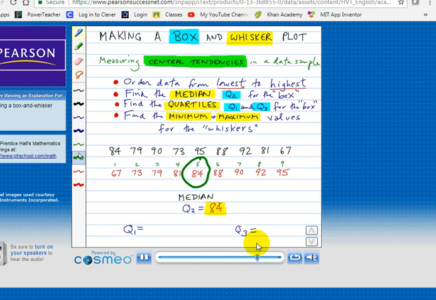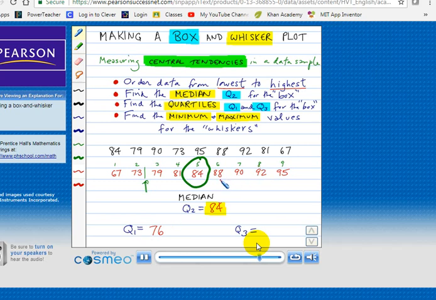So we notice that the median should happen in there, but notice that there is not a number in between 73 and 79. But when that is the case, what we do is just take the mean or average of these 2 adjacent values. So the average of 73 and 79 will be 76, and that will be the value for Q1.